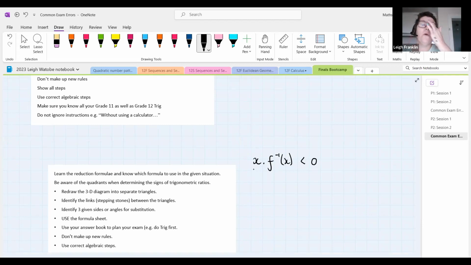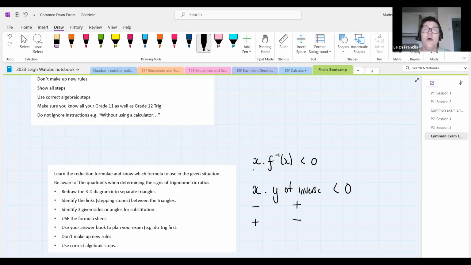here, Msomi, what they're talking about is x times the y of the inverse has to be smaller than 0. So if you are multiplying, your x coordinates can either be negative or positive, depending whether you're on the left of the y-axis or on the right of the y-axis. So if you want a negative outcome, either this must be negative when that's positive, or that must be positive when that's negative.